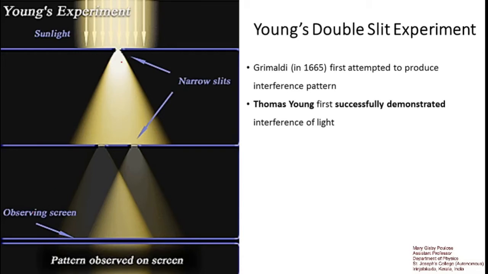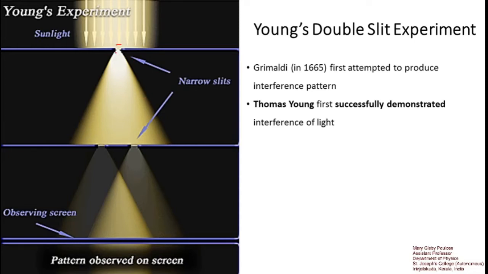So initially, he made light to pass through this slit, and this sunlight has a broad range of wavelengths, okay. It is not monochromatic, it is not coherent. That was where Grimaldi went wrong. We need coherent lights to superimpose to produce interference.